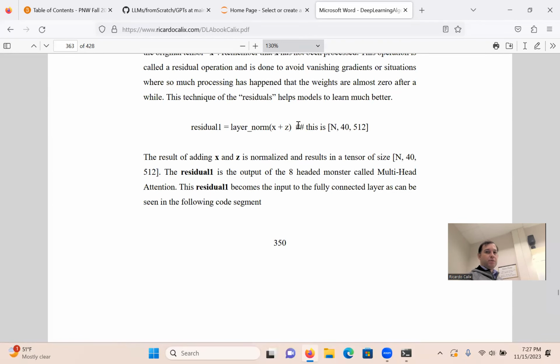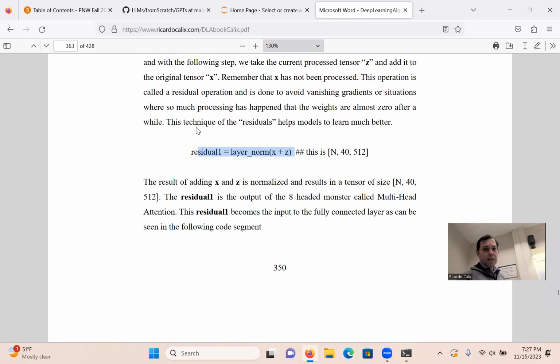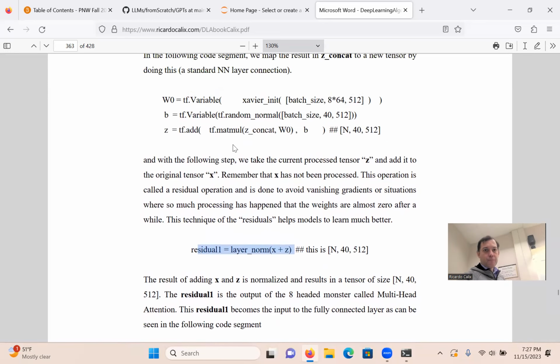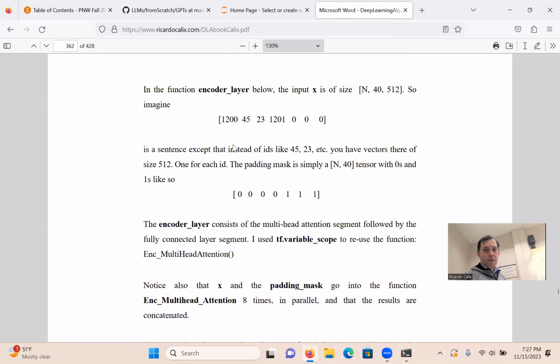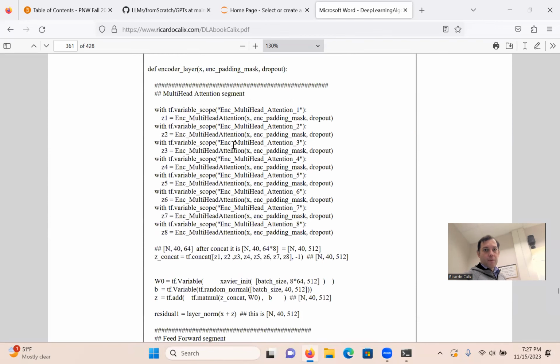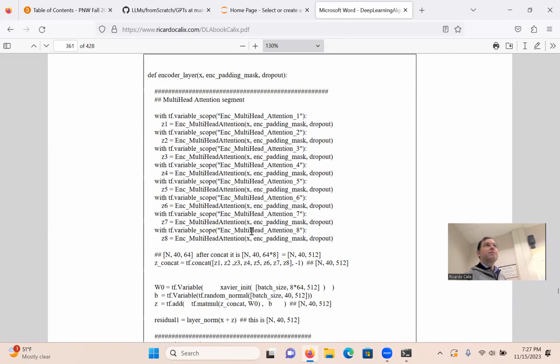The residual. This is actually important. So the residual is what I said, takes care of the vanishing gradients problem, right? So notice what the residual is here: you give it X, it produces C, right?